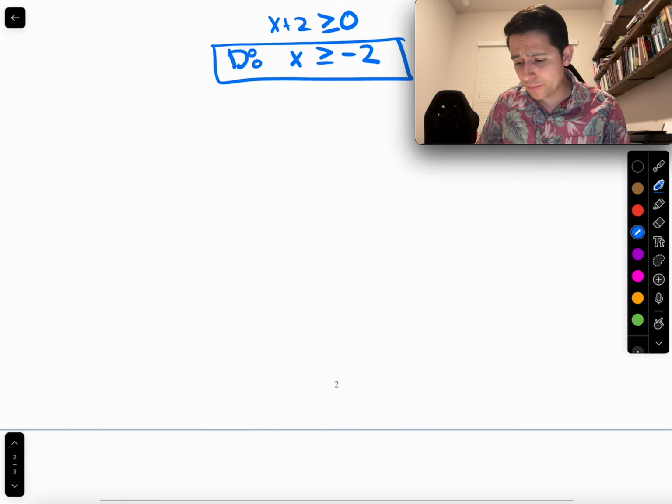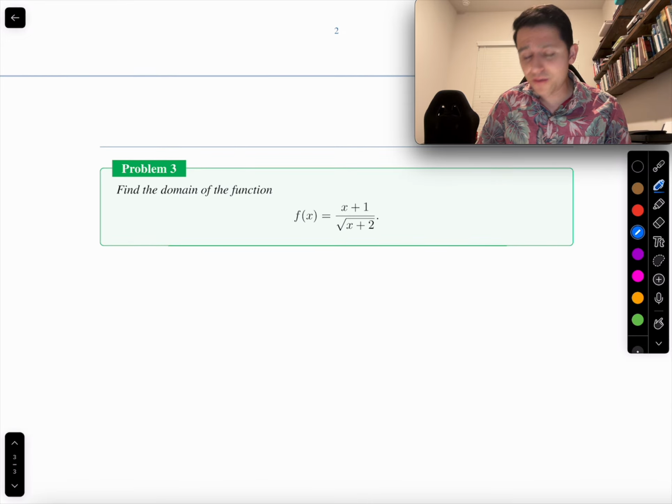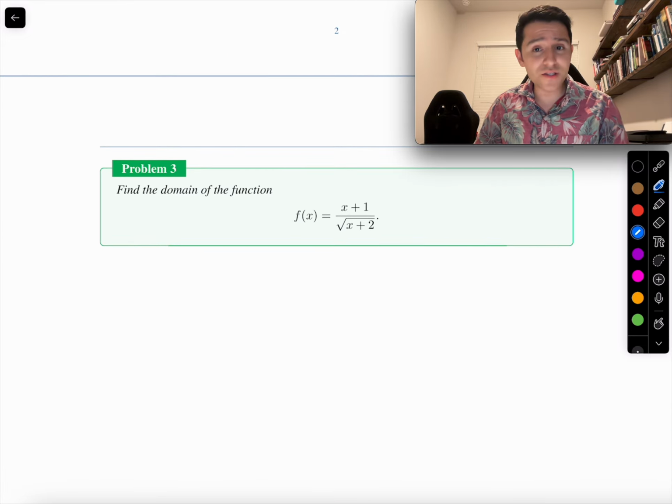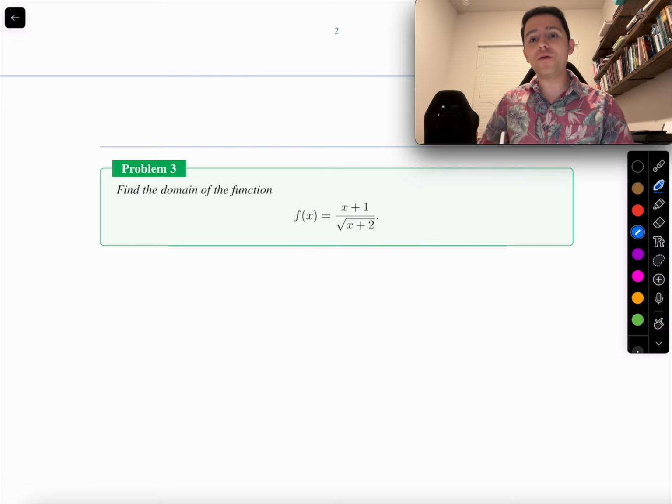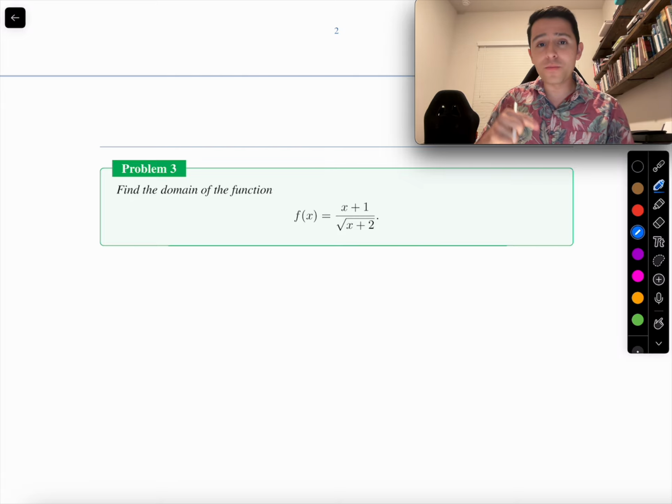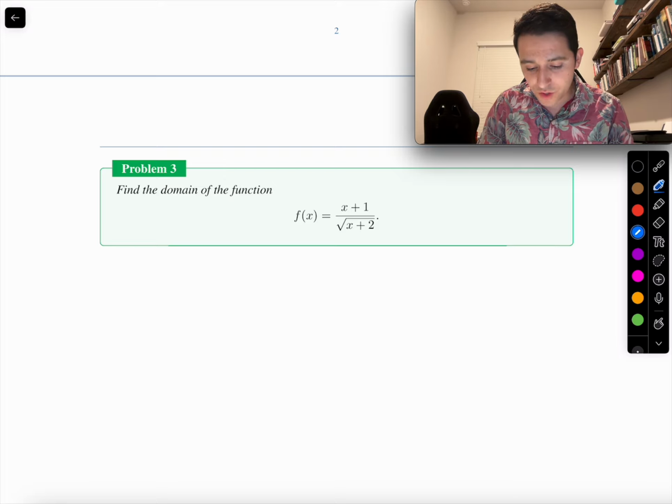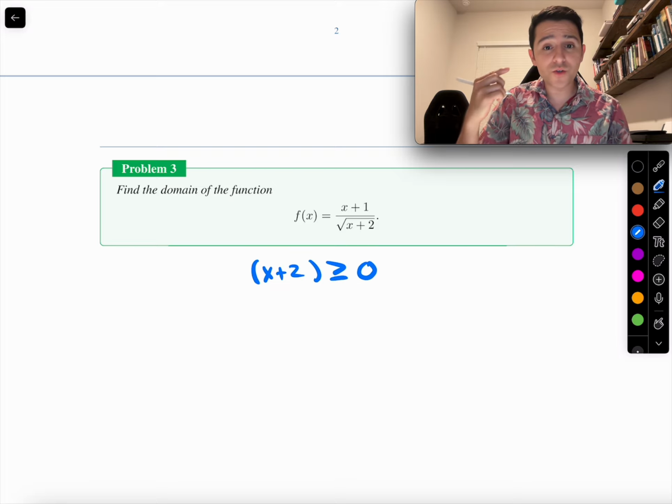Now let's do an example where we see both things that we need to exclude. Here there's a variable in the denominator and a variable inside of an even root. I recommend to first handle the even root. So we set the inside to be greater than or equal to 0 and solve.